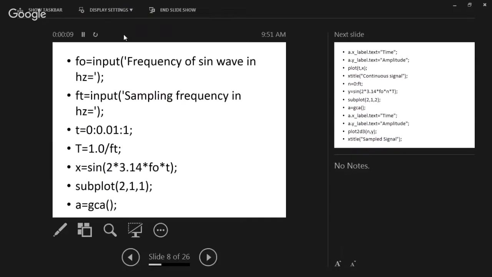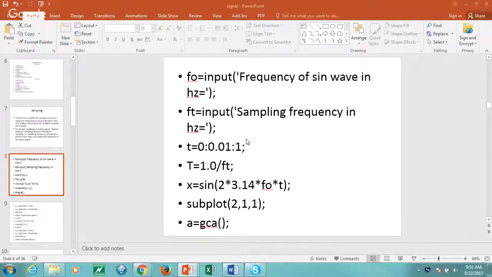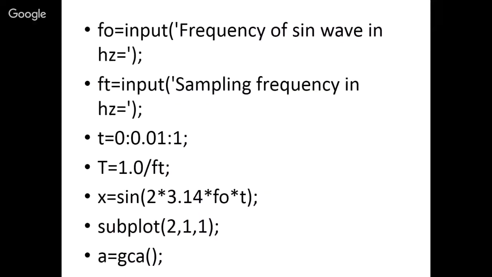Here. Okay. So this is the first thing we are doing: f0 is the frequency of the sine wave in hertz. Then ft is the sampling frequency, because if you want to quantize, you have to give the sampling frequency from which we calculate the time period.